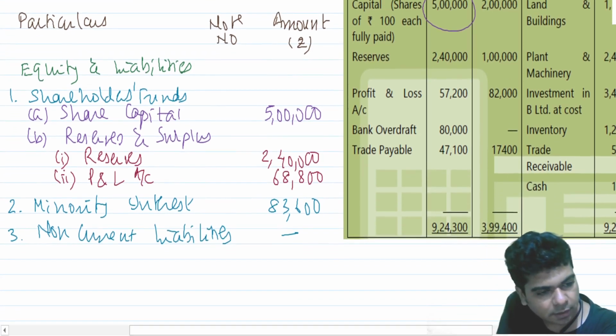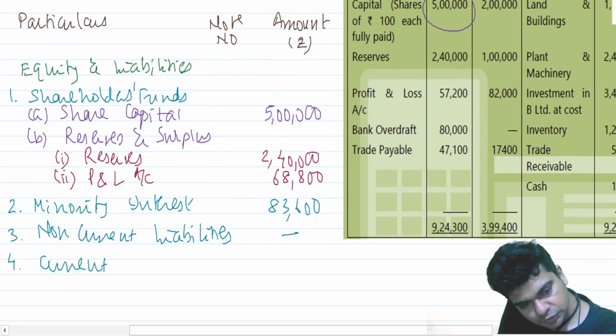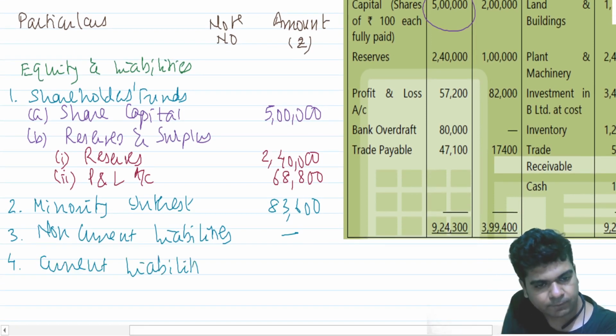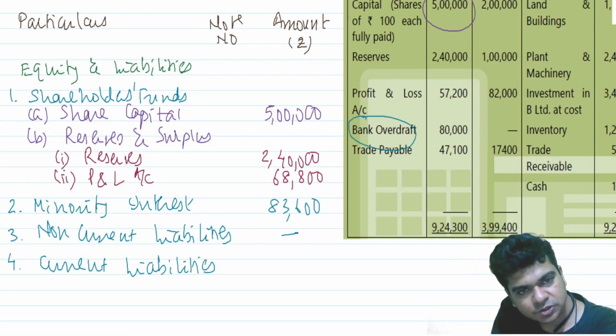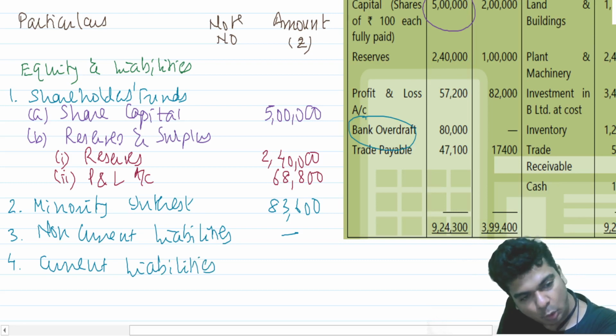And the final head, current liabilities. They have given us bank overdraft. You can prepare a separate note, but again, I like to show it here itself.